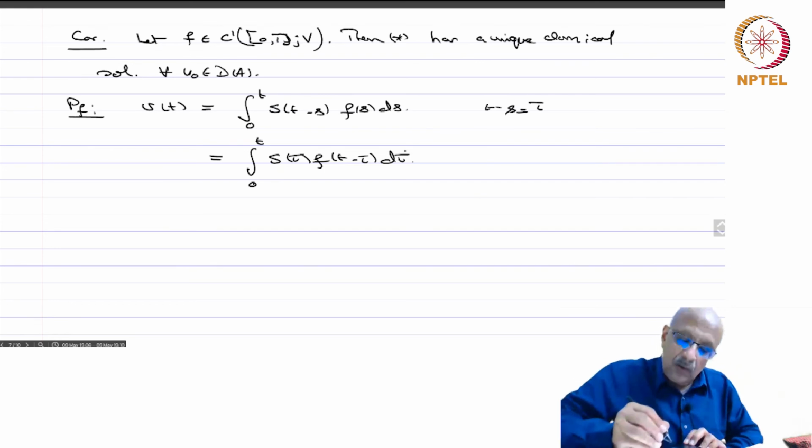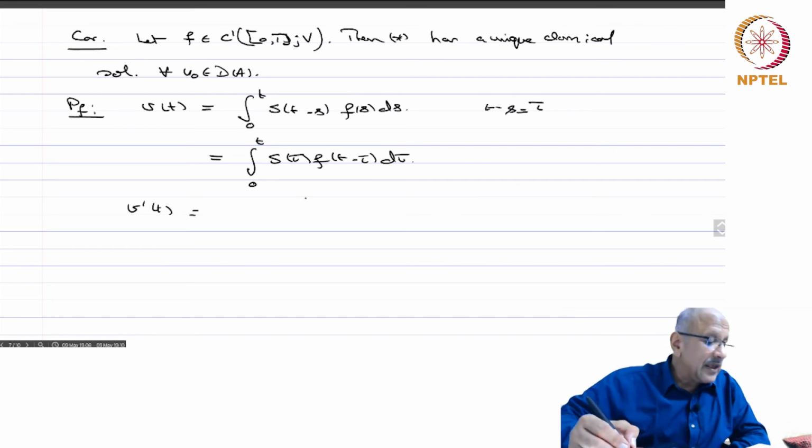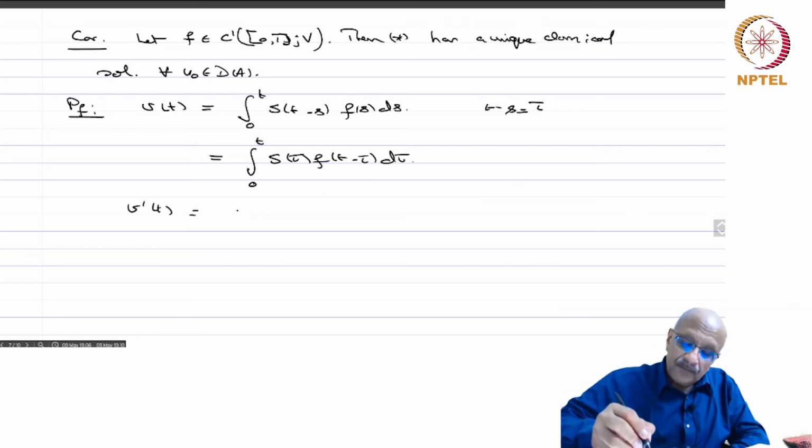Okay. So, now I am going to try to differentiate this, we differentiate under the integral sign. So, you have v'(t) is equal to, you first have to evaluate this at t and then differentiate in t, which gives you 1.